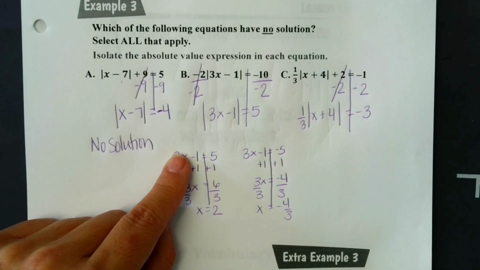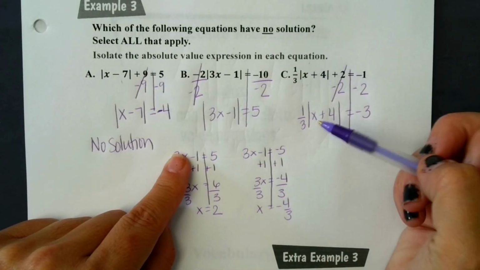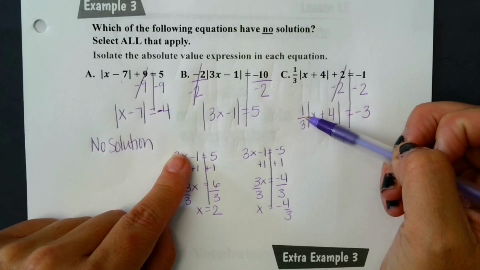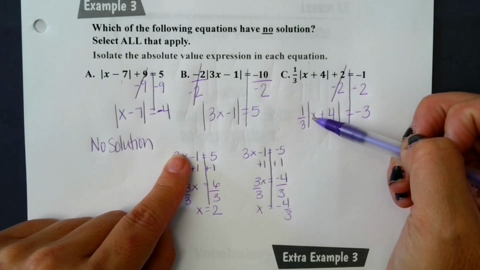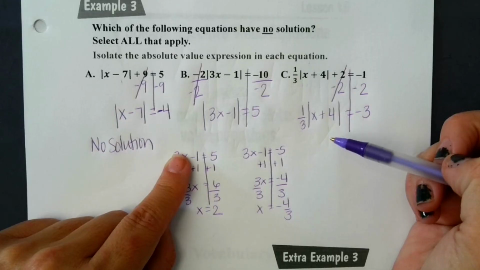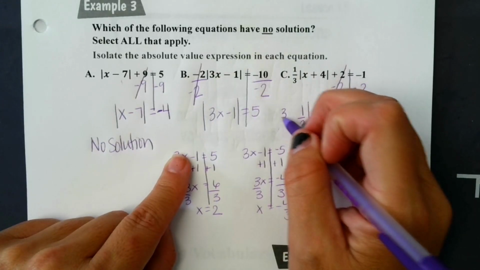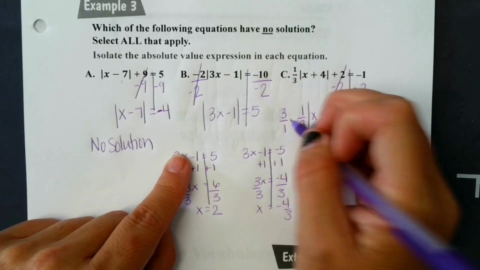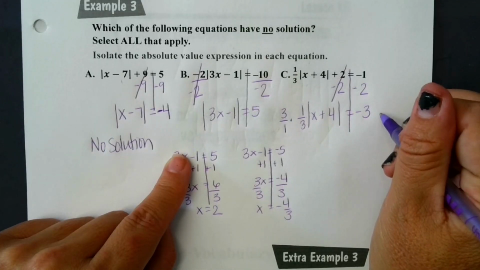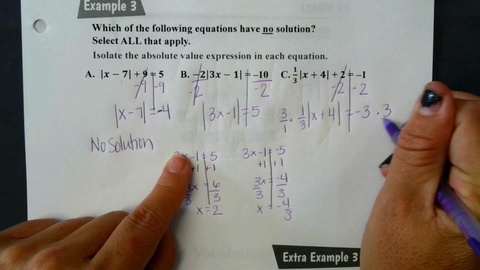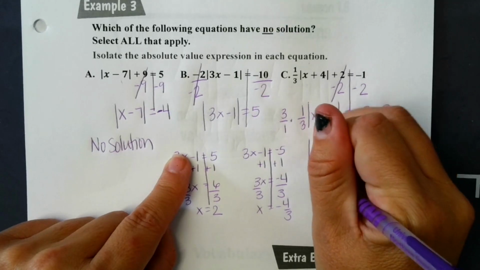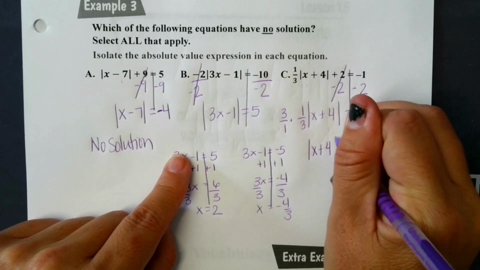I don't think this is going to have a solution. Now this says 1 divided by 3 times the absolute value. How do we get rid of a times the absolute value? Division. And when you divide by a fraction, you just multiply by the reciprocal. So I have the absolute value of x plus 4 equals what?